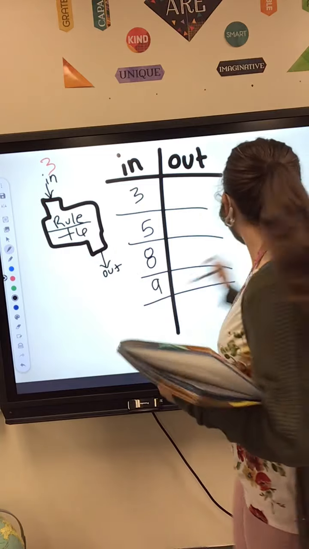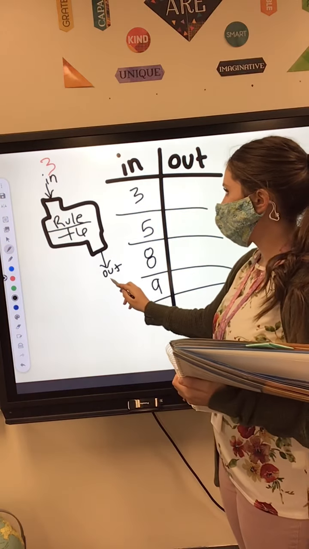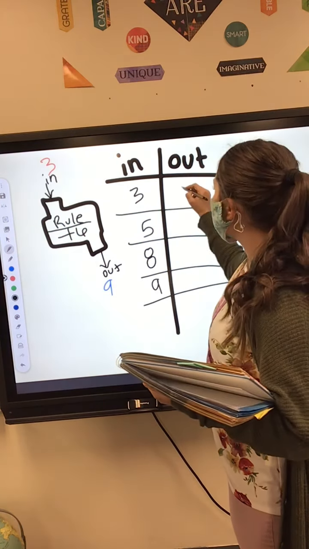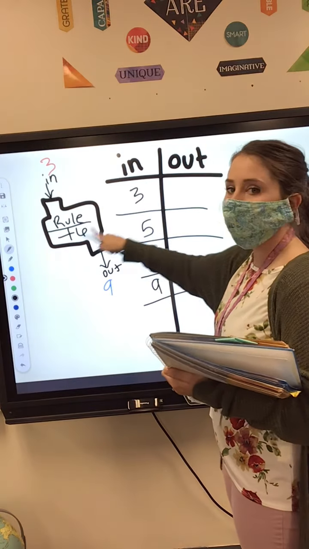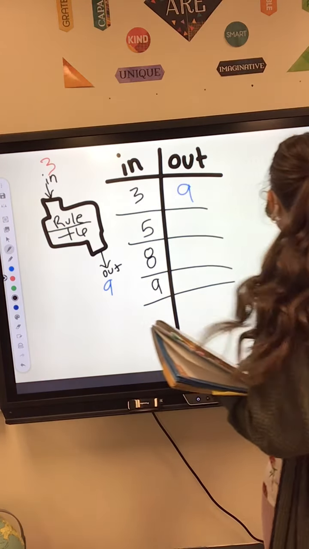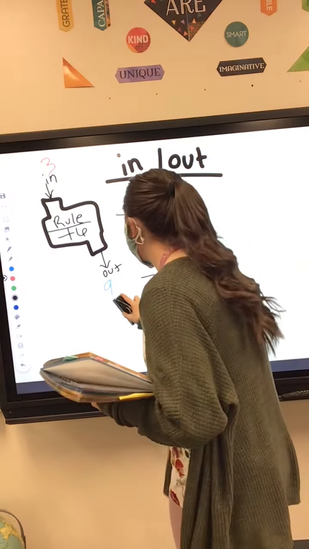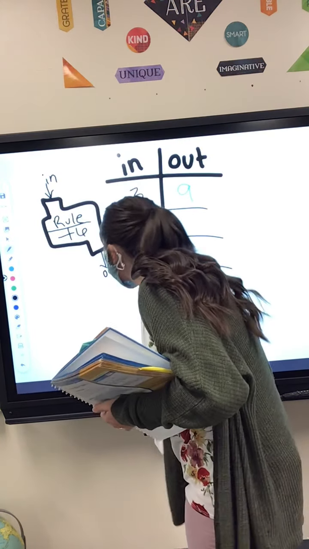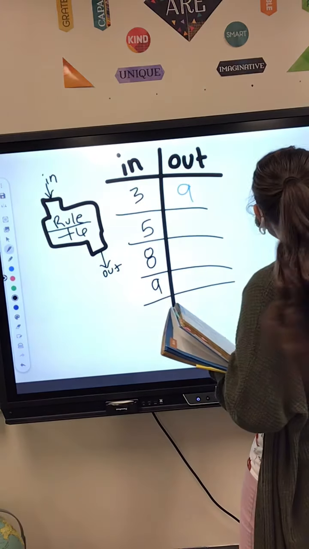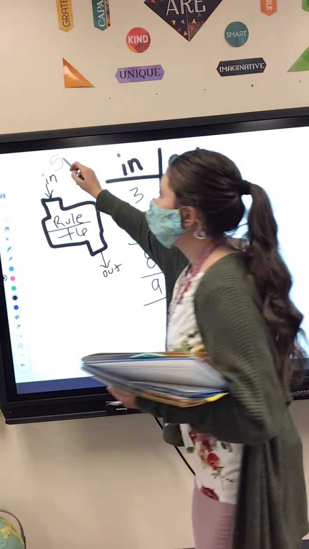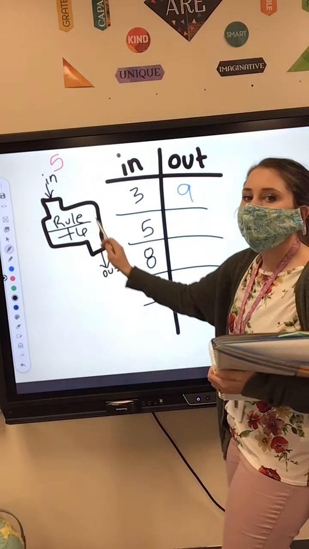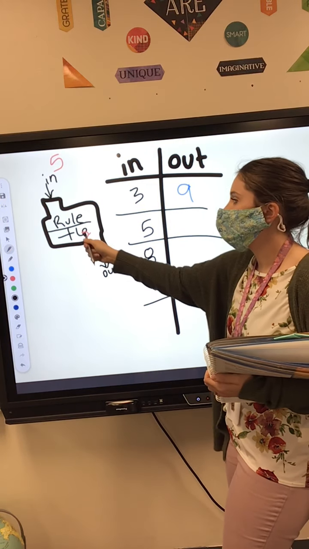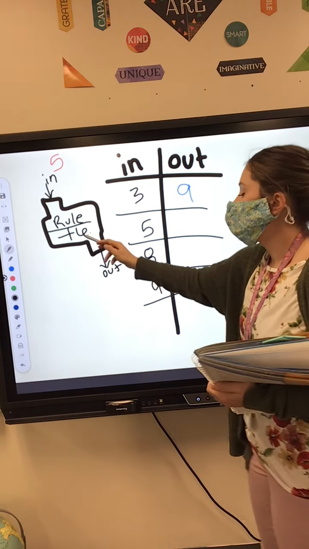It gets 6 more. What squirts out the bottom? 9. So 3 plus 6 equals 9. Let's do it with our next number. Let's shove a 5 in the box. What happens to it? It comes out plus 6.